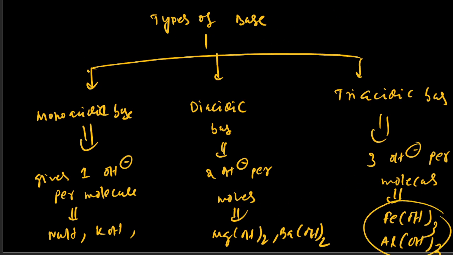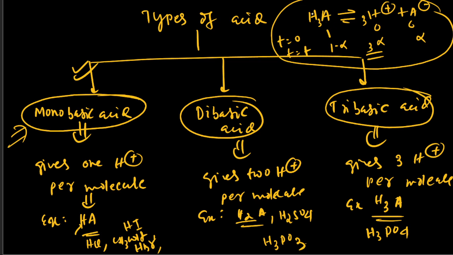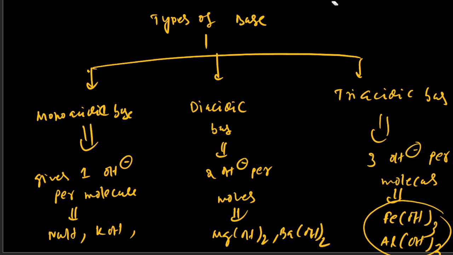So similarly for bases, if M OH is there, then how much is it dissociating, M plus OH minus. If monoacidic, then alpha. If it is diacidic, 2 OH minus will be given, then it will become 2 alpha. If it is triacidic, then it is 3 alpha.